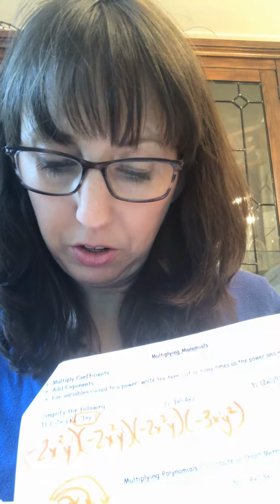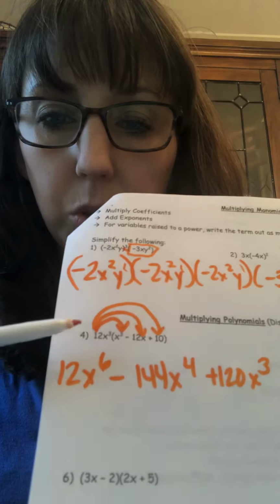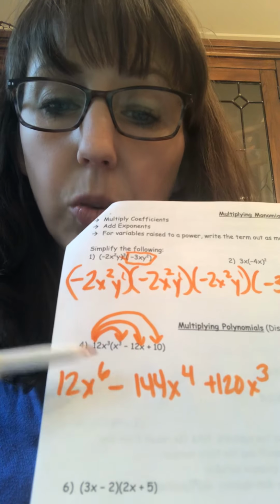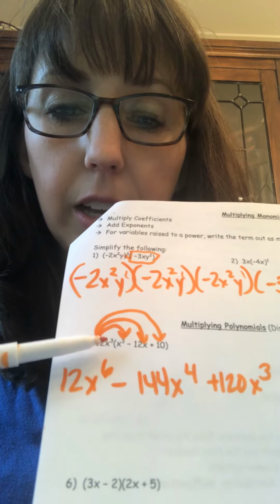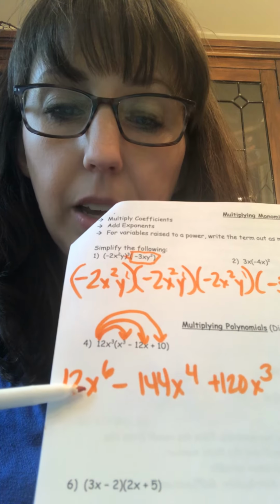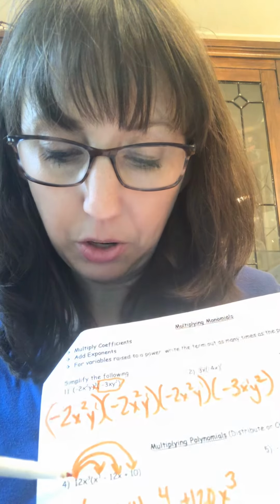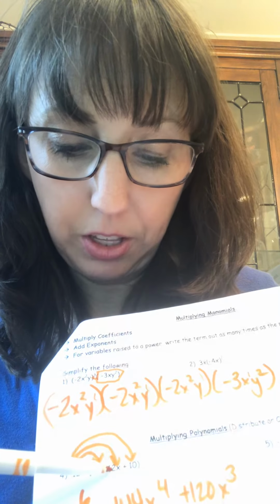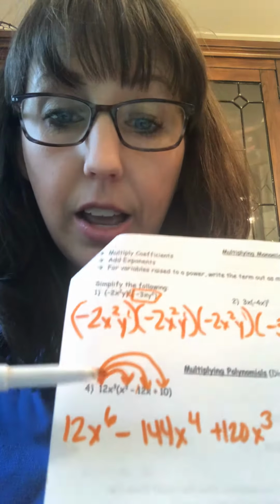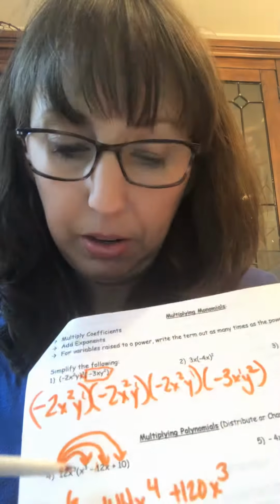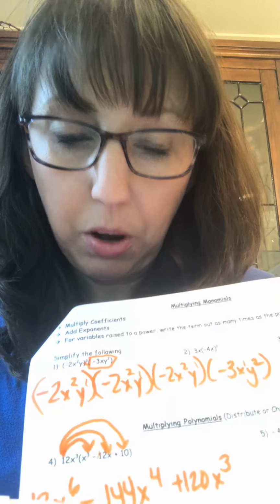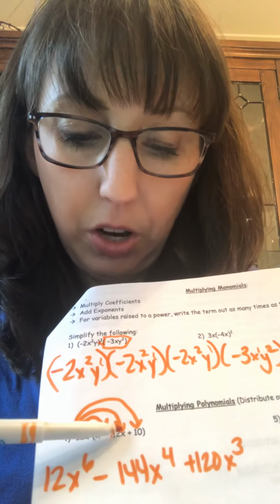So here's what I did. I took that, and I have 12x to the third times x to the third. So 12 times that lazy mathematician 1 gave me 12, and x to the third and x to the third gave me x to the sixth. Then I took that 12x to the third and touched the next, negative 12x, or minus 12x, and I did 12 times negative 12, which gave me a negative 144, and then I have x to the third times x.